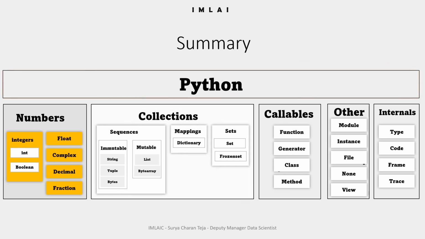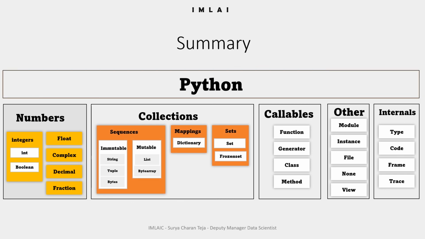So we will begin with sequences first. Sequences are the type of containers where items are arranged in an order from left to right.